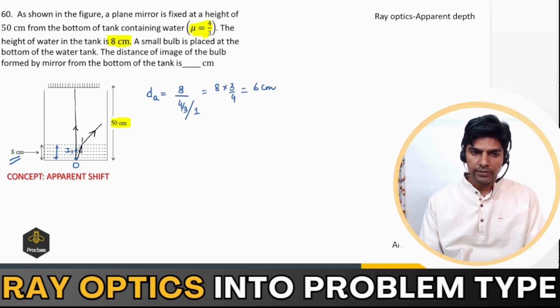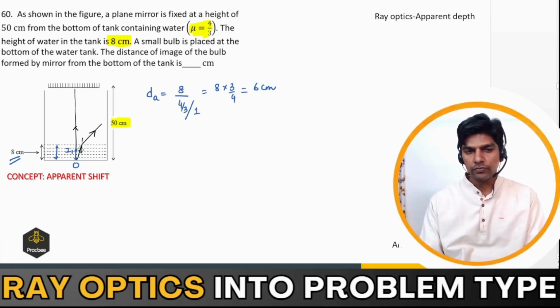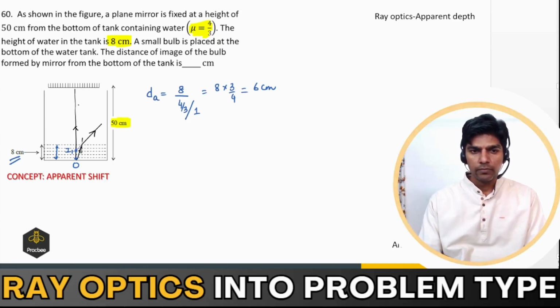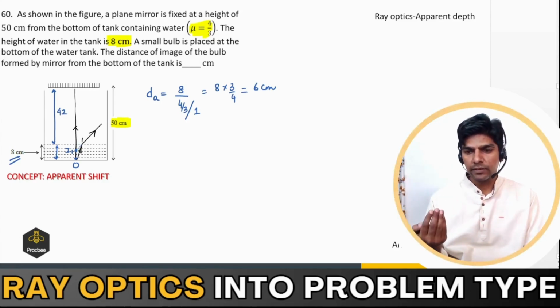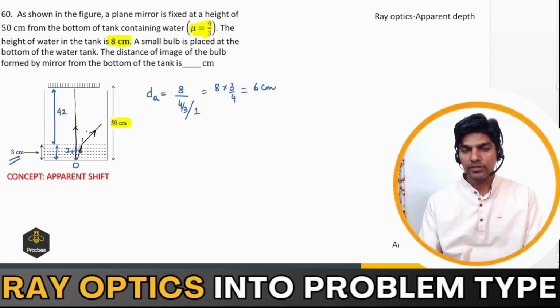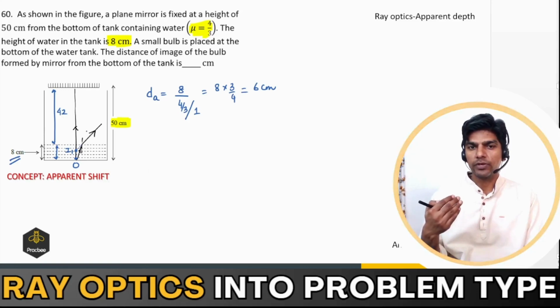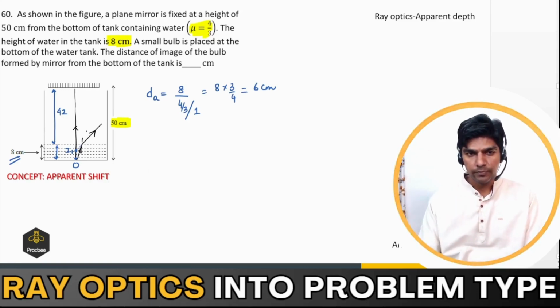Now I1 is at a distance of 6 centimeter from the interface. Now due to the mirror, the image of I1 will be formed at a distance of, okay, let me just find this distance. So this distance will be 50 minus 8, that will be 42. Now I1 is at a distance of 42 plus 6, that will be 48 centimeter from the mirror. So its image will be formed at a distance of 48 centimeter behind the mirror.